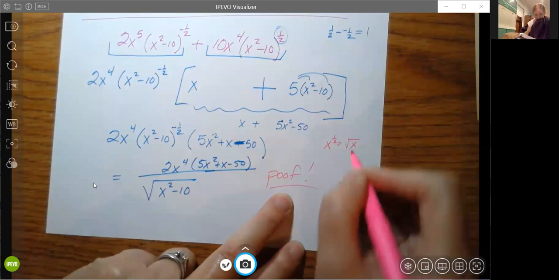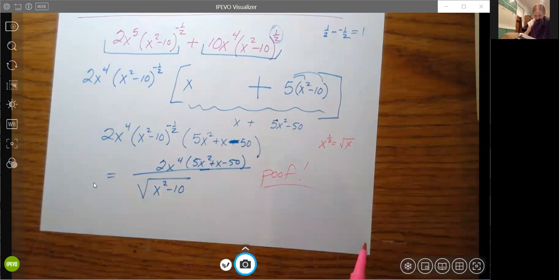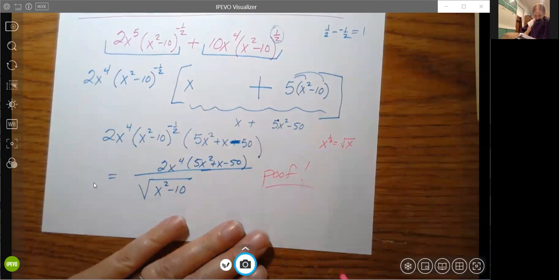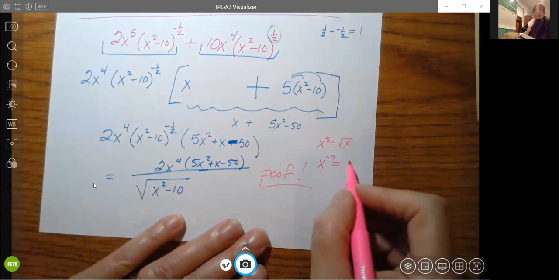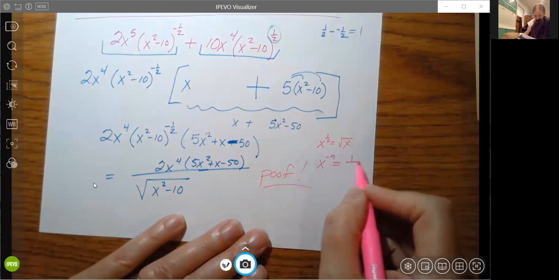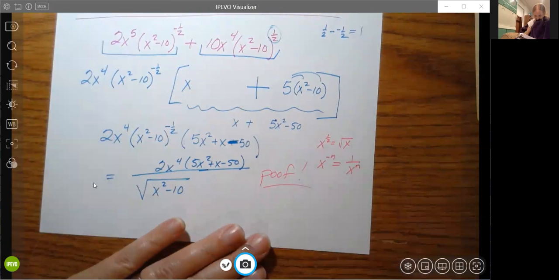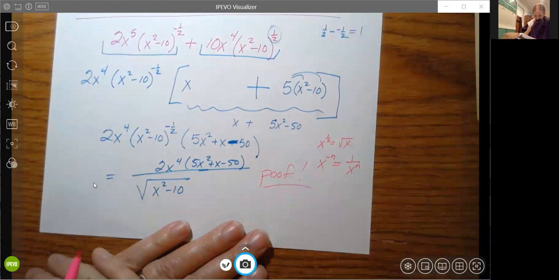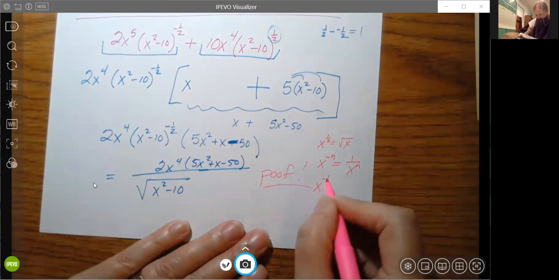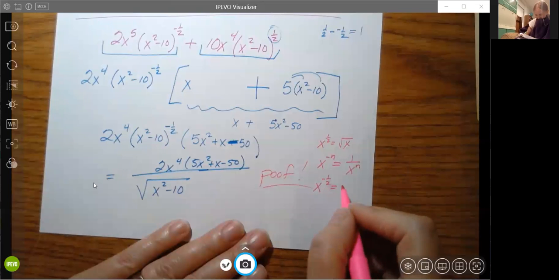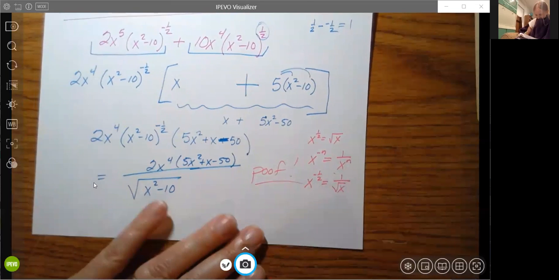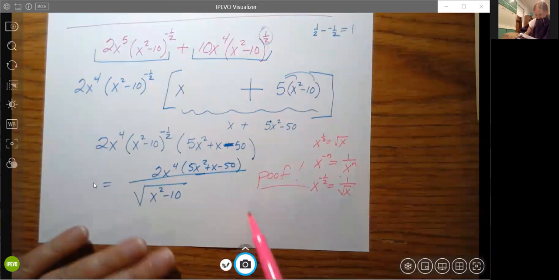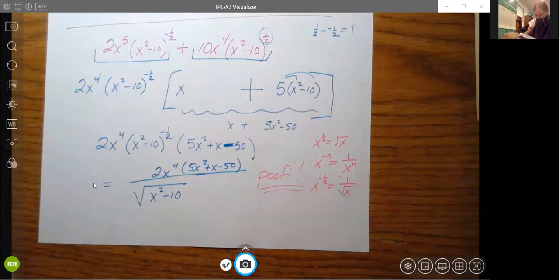So you see a 1/2 power, then you can always think square root. And since it's negative, anytime you see a negative exponent, you think denominator. So you smush that together and then you get a square root in the denominator. Okay, I see it. Thank you. I like the smoosh. This is the smoosh step right here. X to the negative 1/2 is a square root in the denominator. Good example. Okay, no poof then.